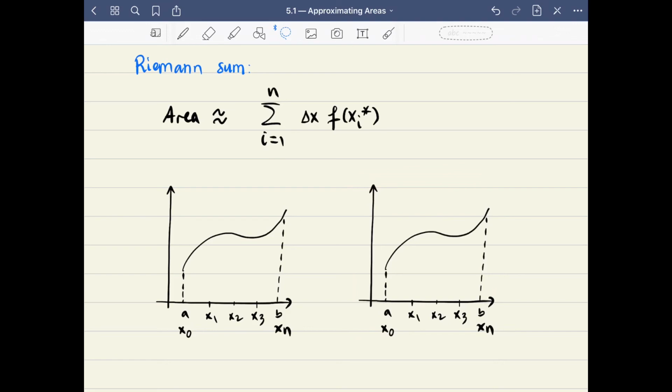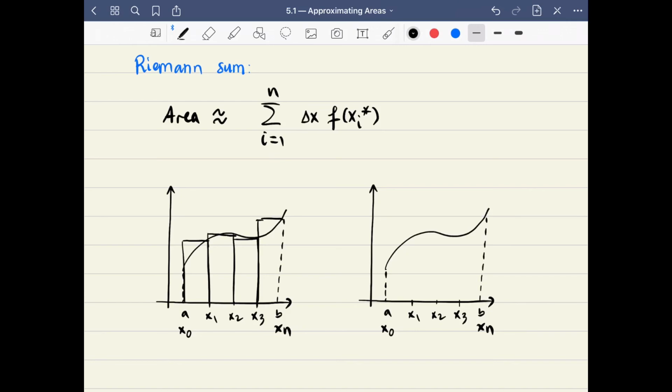If you use 4 rectangles, and let's say you use right endpoints for the heights, then you're going to construct rectangles that give you an approximation for the area, right? So these rectangles here will approximate the area under the curve.